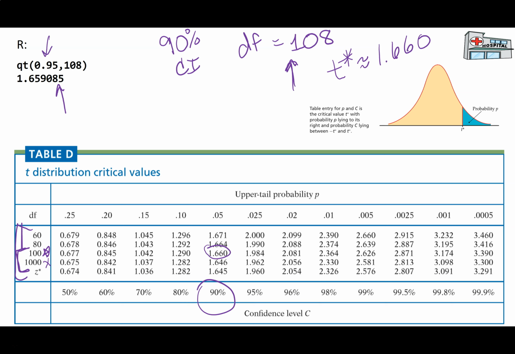So 0.95 is your quantile for a 90% confidence interval, 108 degrees of freedom exactly, so not 100. You're going to get t-star equal to 1.659. These two are really close. We would calculate it both ways. We wouldn't put it down if you used either one. So I'm going to use the 1.659.